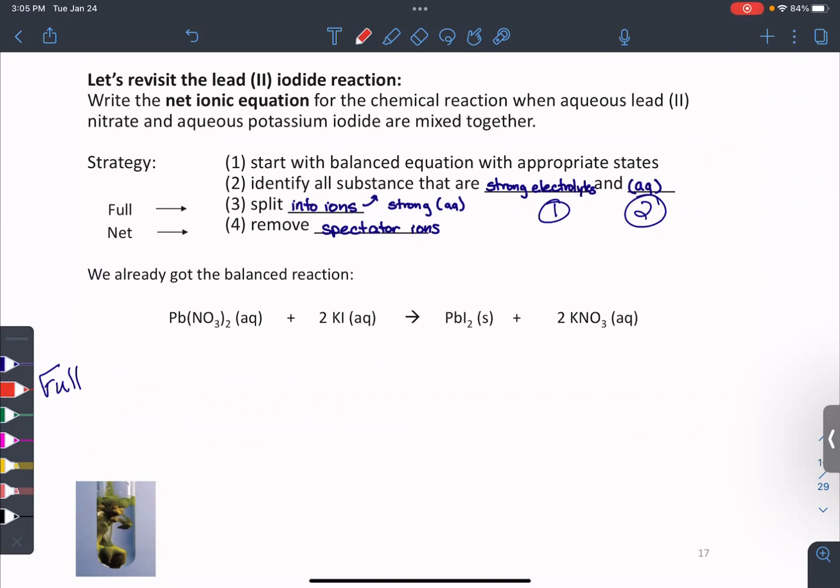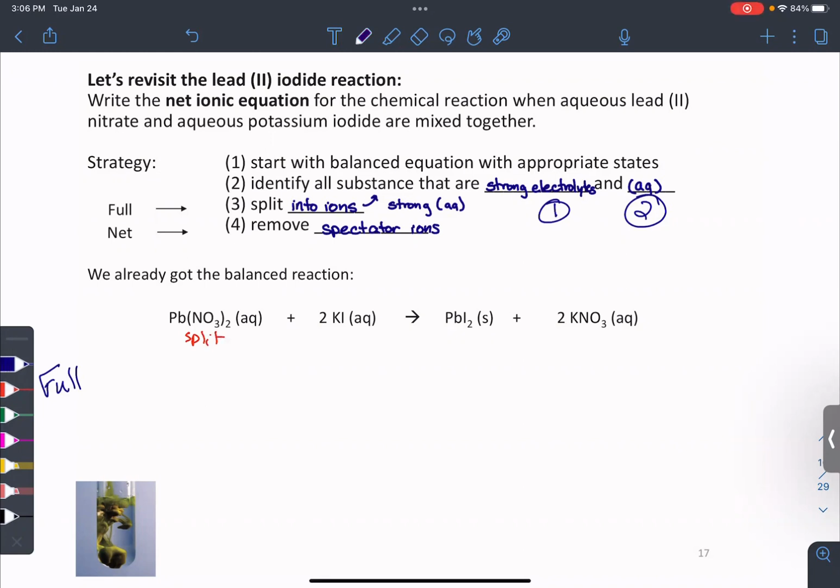Is lead nitrate a strong electrolyte? What constitutes a strong electrolyte? It has to be ionic or a strong acid or base, right? So is lead nitrate a strong electrolyte? Yes. Is it aqueous? Yes. So do we split it?